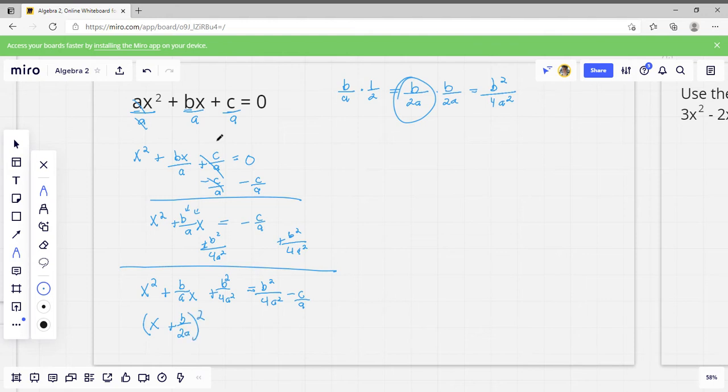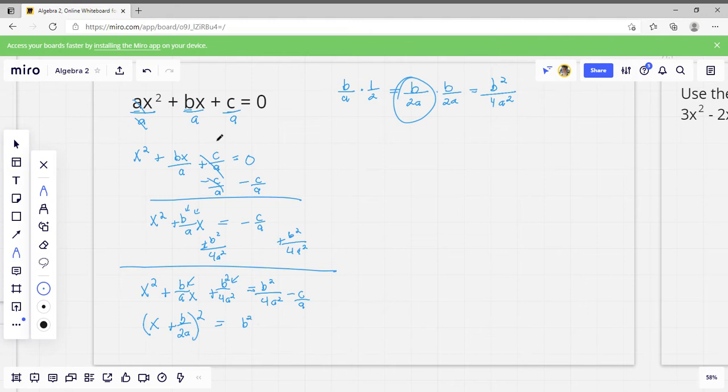If I said b over 2a plus b over 2a, I would get, let's see, b divided by 2 times a. Yep, I would get this middle term, okay? And if I squared it, then I would get this third term.